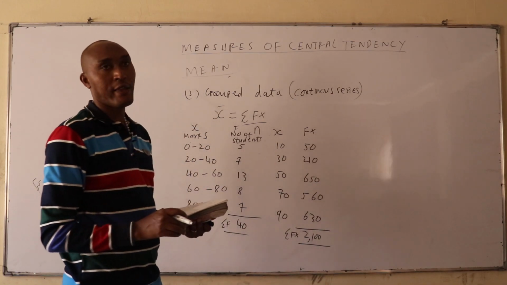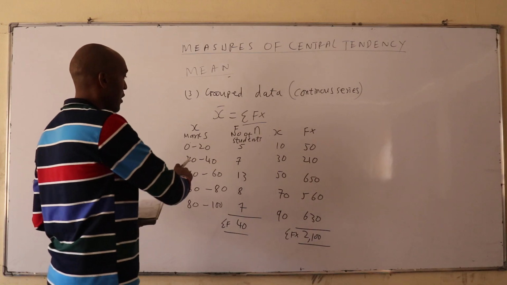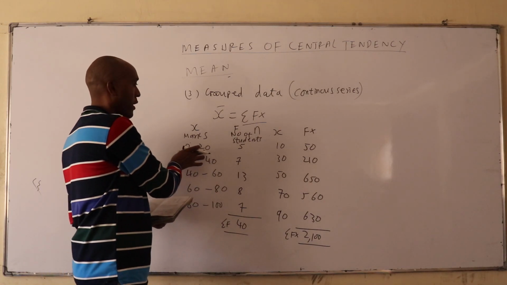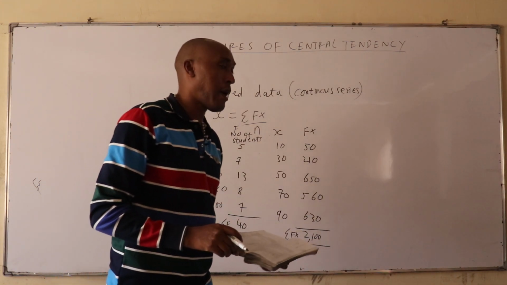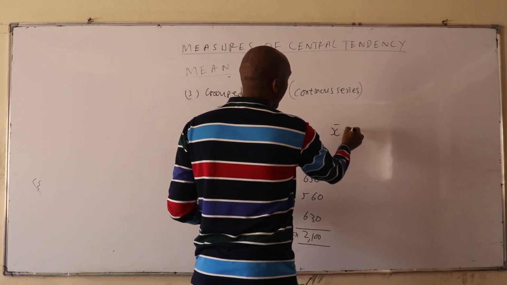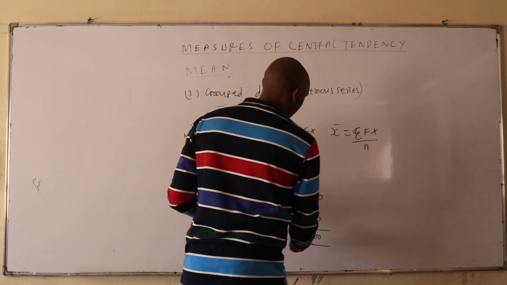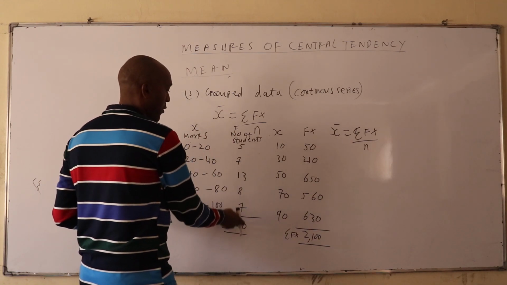So the main key thing is how do you get x? We have said you get the lower class plus the upper class, and you divide by 2. That's the main thing. Then you sum up all of them. Then we go back to our formula: mean is equal to summation of fx over n. We said n is the summation of all frequencies.